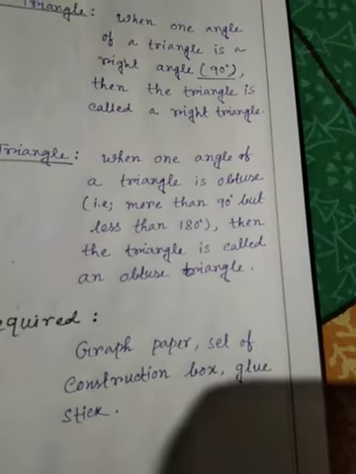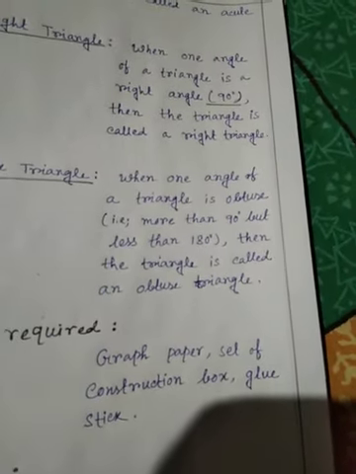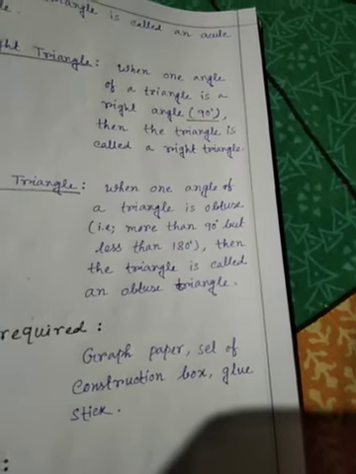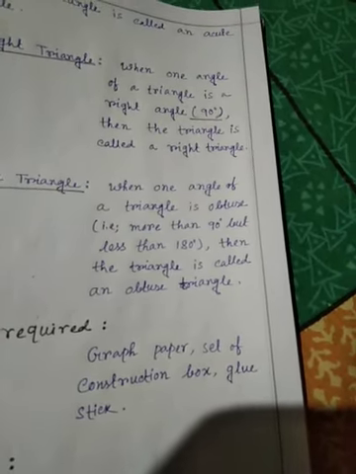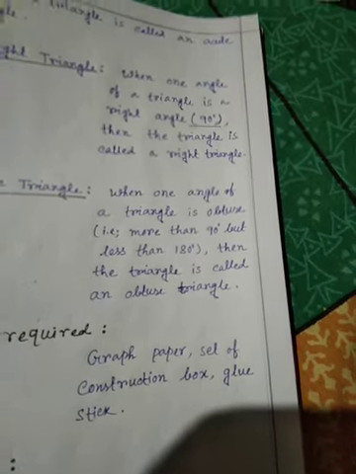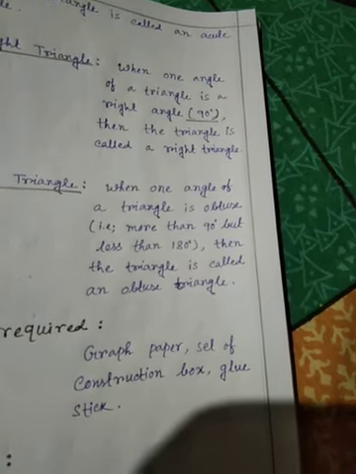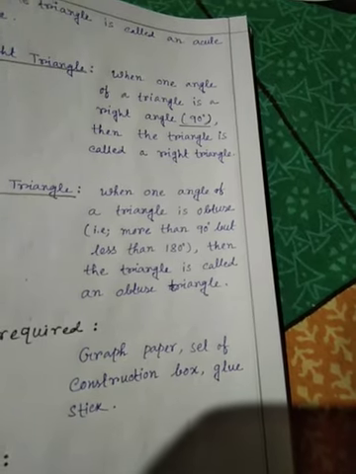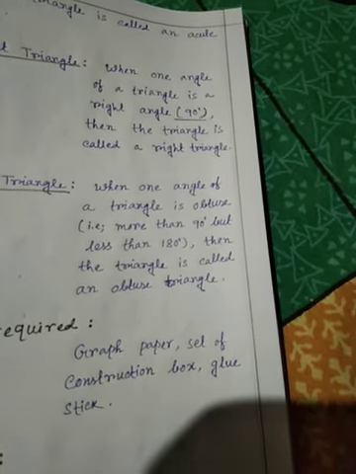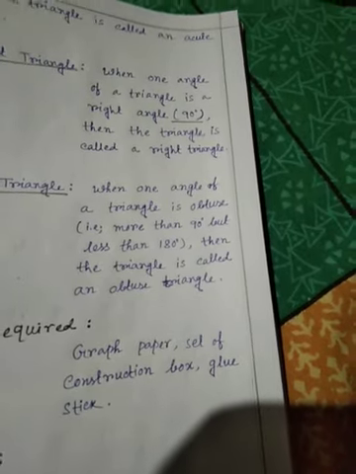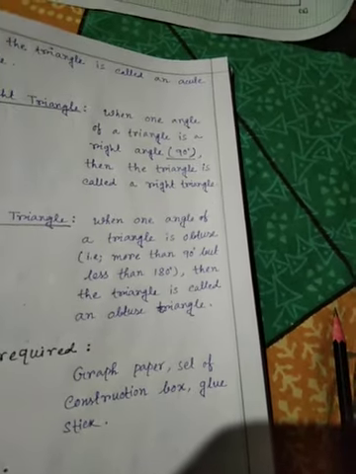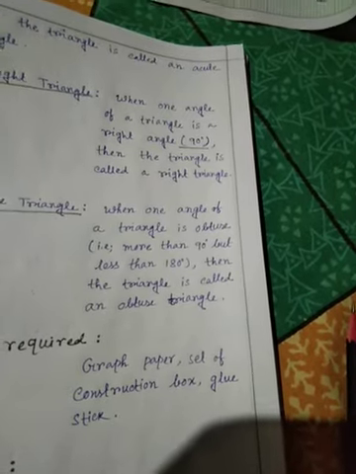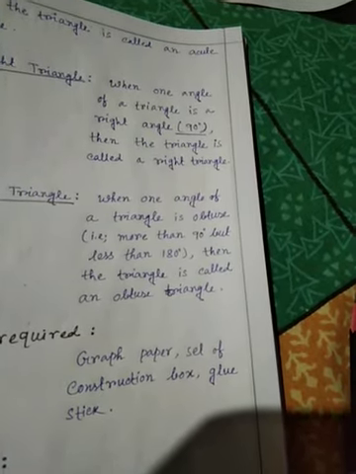As we know, for each triangle the sum of its angles will be 180 degree. So if one angle is more than 90 degree, definitely the sum of the remaining two will be less than 90 degree. So we are talking about only one angle which should be more than 90 degree. Then only we can say that triangle will be called an obtuse triangle.